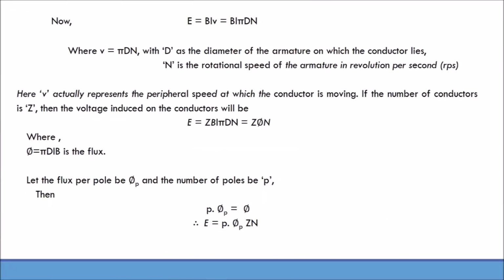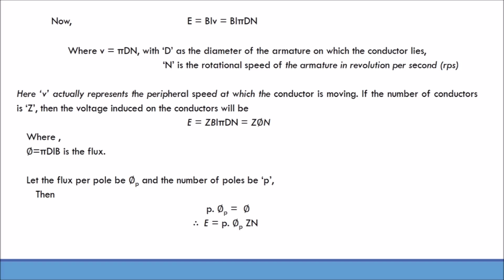Now, E equals B L v equals B into L into pi D into N. Pi D is the peripheral distance, where v is pi D N, with D as the diameter of the armature on which the conductor lies. N is the rotational speed of the armature in revolutions per second, that is the RPS. Here, small v actually represents the peripheral speed at which the conductor is moving.